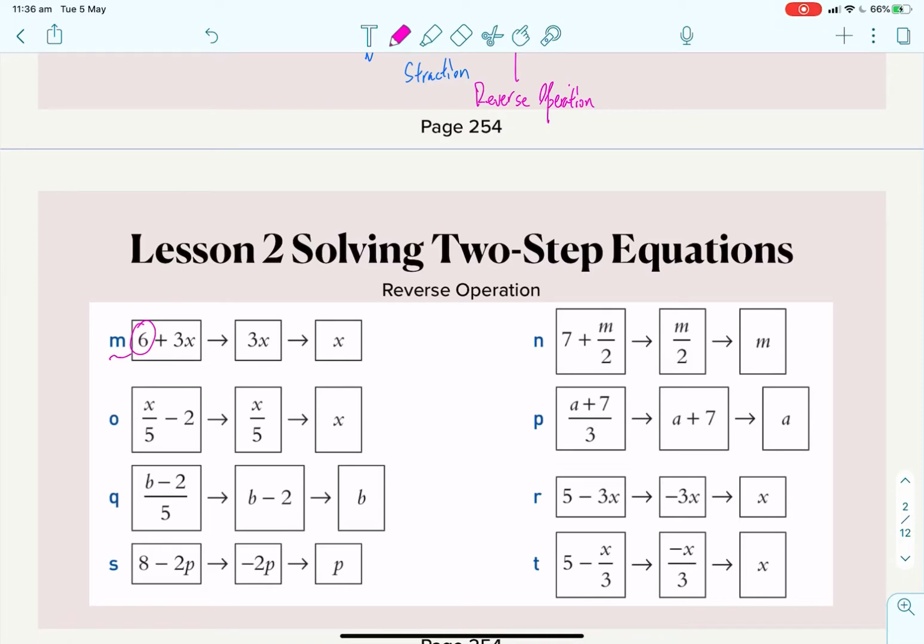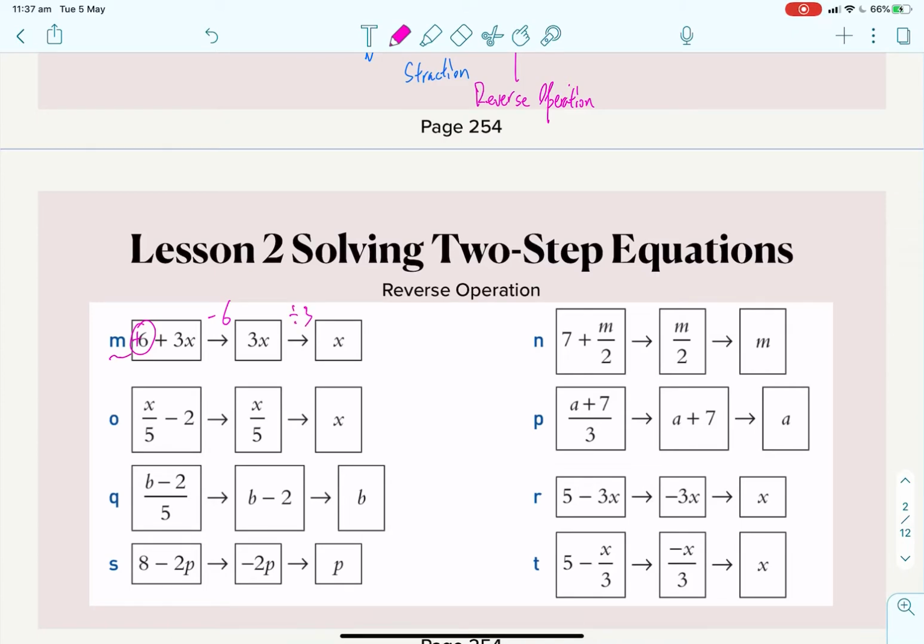Now, 6 doesn't have any sign in front of it, which means it's plus. Positive means plus. So if we want to remove the plus 6, we do the opposite of plus 6, which is minus 6. We remove the plus sign because plus also means positive, so it's positive 3x and we don't need to write the plus at the front. 3x is 3 times x. The opposite of times 3 is divided by 3.